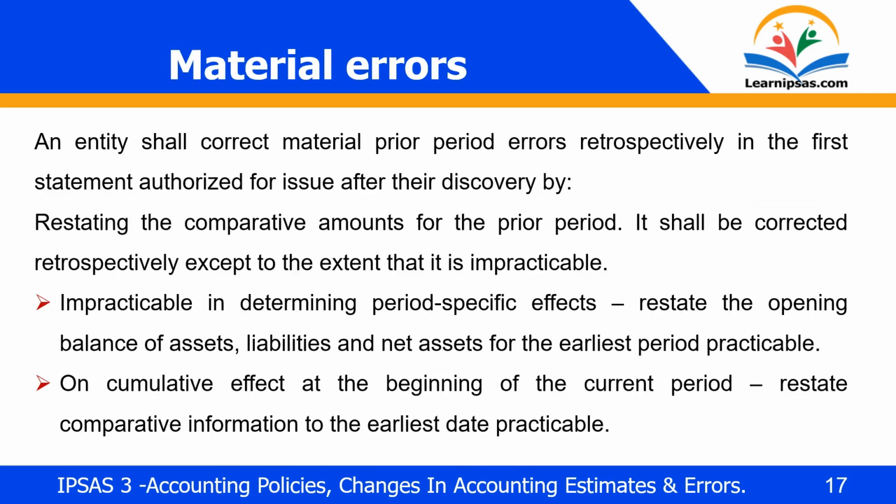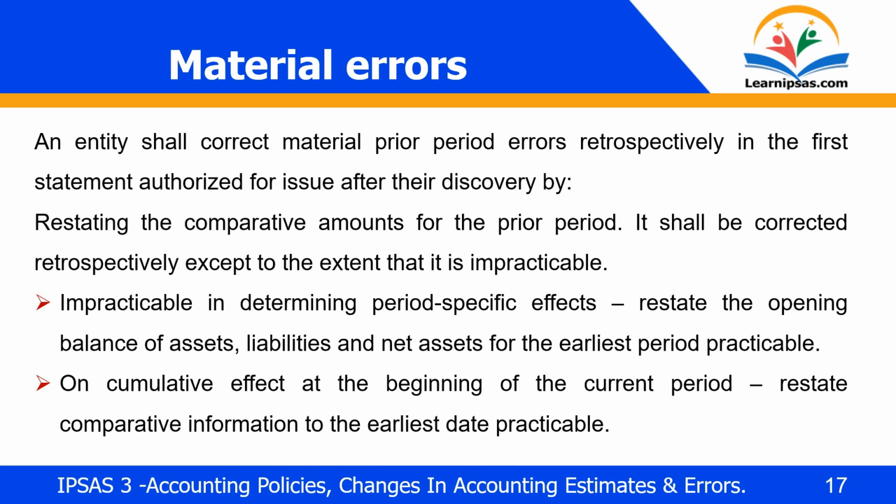Material errors. An entity shall correct material prior period errors retrospectively in the first statements authorized for issue after they are discovered, by restating the comparative periods for the prior period, except to the extent that it is impracticable. So sometimes adjusting those prior period statements is not easy or not practicable.